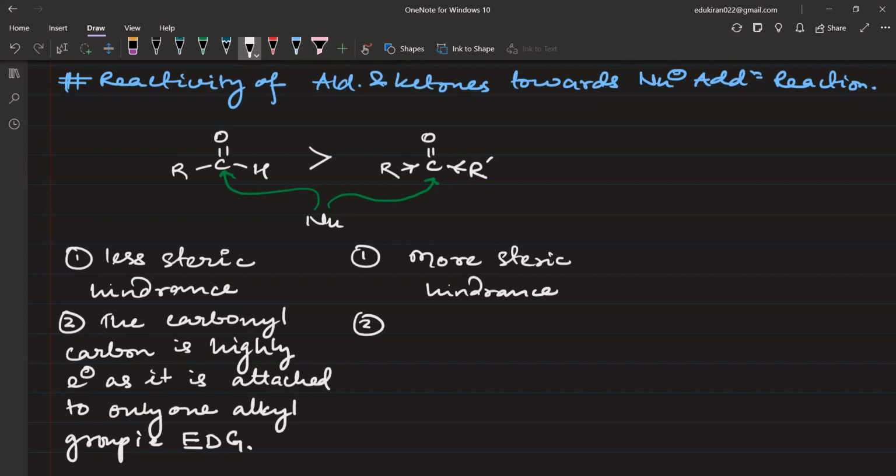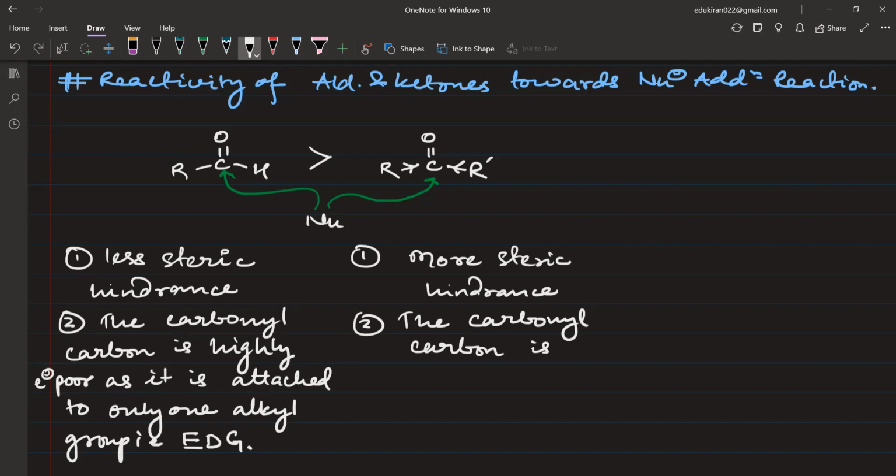Here we will write the carbonyl carbon is highly electron poor.